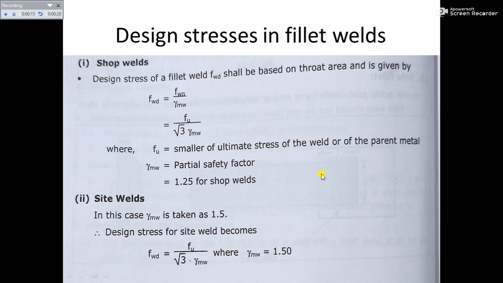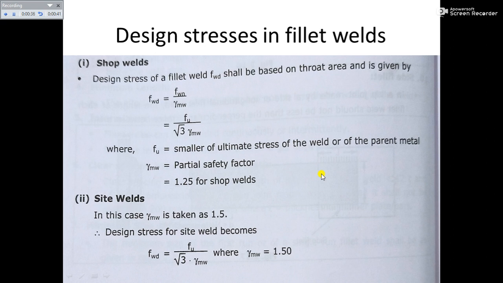as compared to field weld, because in field weld we are directly constructing or manufacturing the steel structure at the field, and we are erecting that structure at the field only.